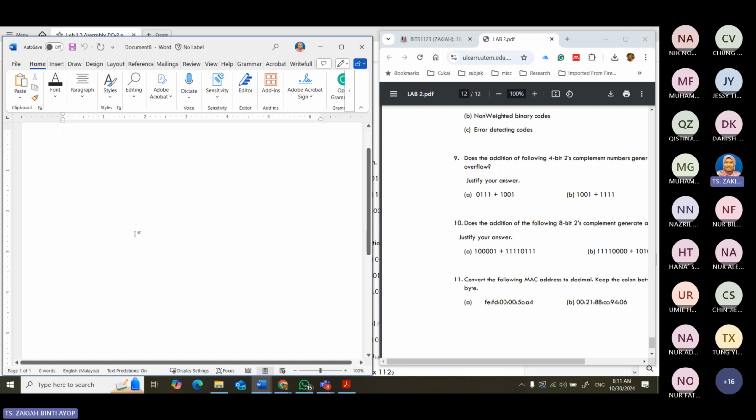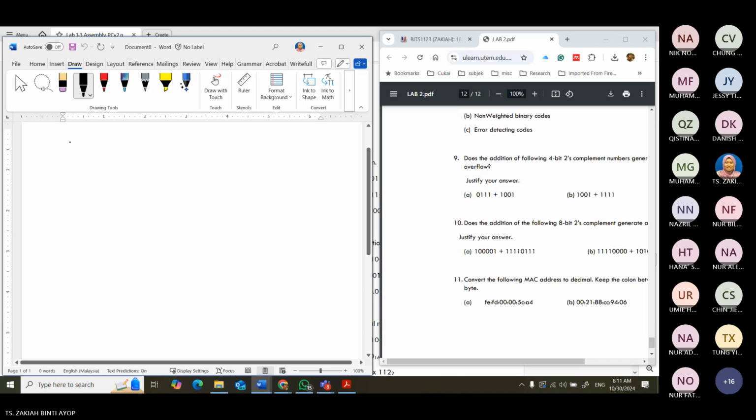Now, the question is 0111 plus 1001. The first thing you need to remember is that the question says it's a 4-bit 2's complement.